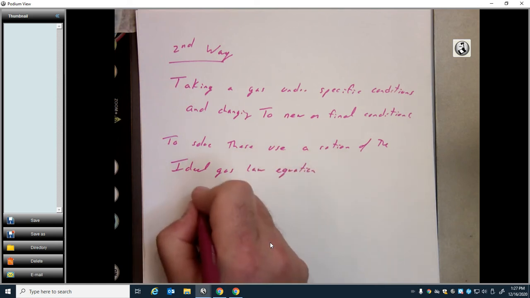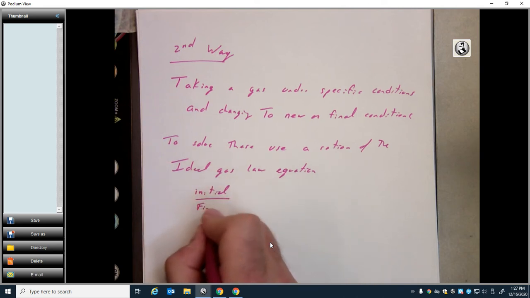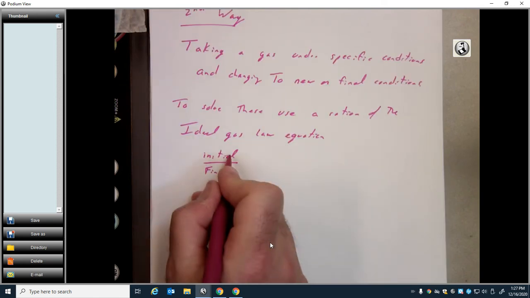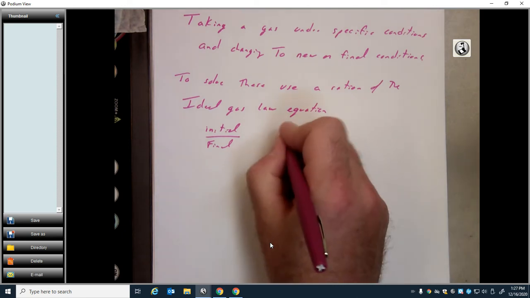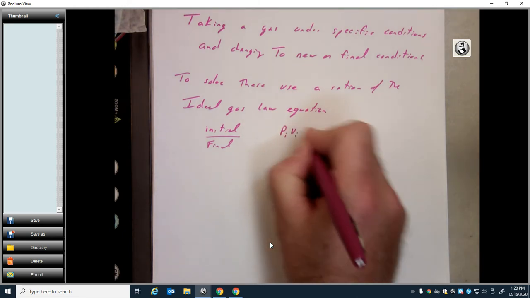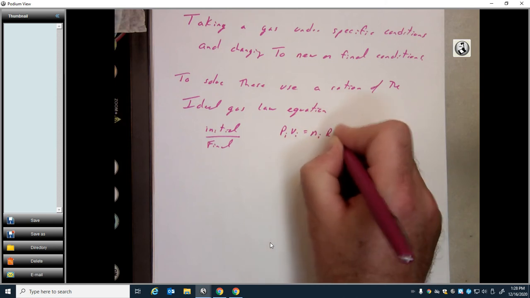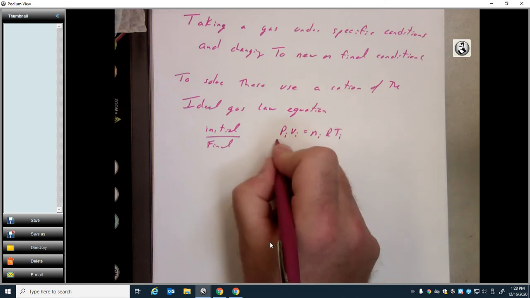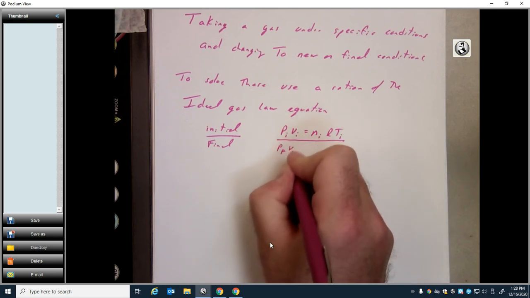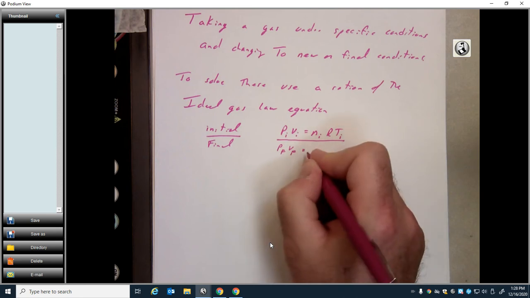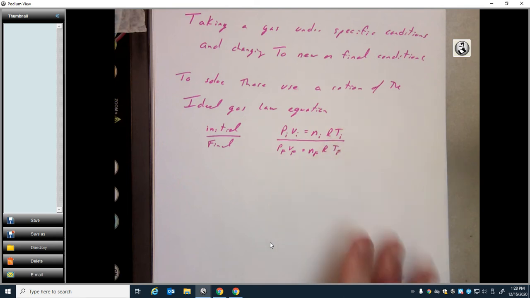So we're going to use initial over final, our initial conditions over final conditions. In other words, P initial V initial equals moles initial times R times temperature initial, all over P final V final equals n final R T final.